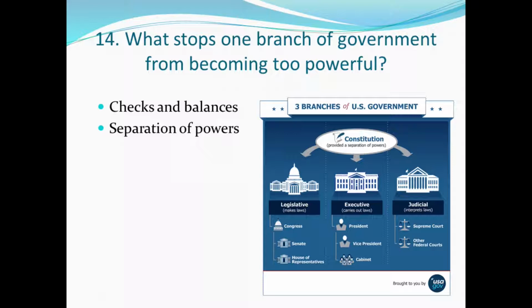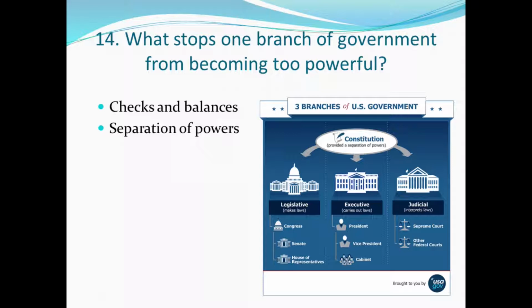However, if the president doesn't like the bill, they can decide to veto it, which means they will not sign it. They send it back to the legislative branch where it stays a bill. It doesn't become a law. So we can see sort of a dynamic between the president and the legislative branch. The legislative branch can't just make laws. They can propose laws, but the president has to agree on those laws.